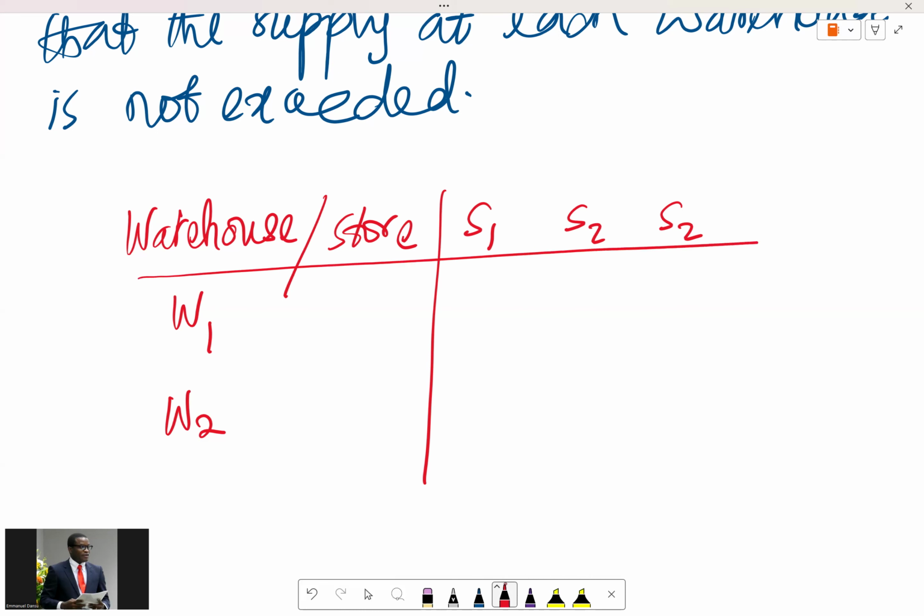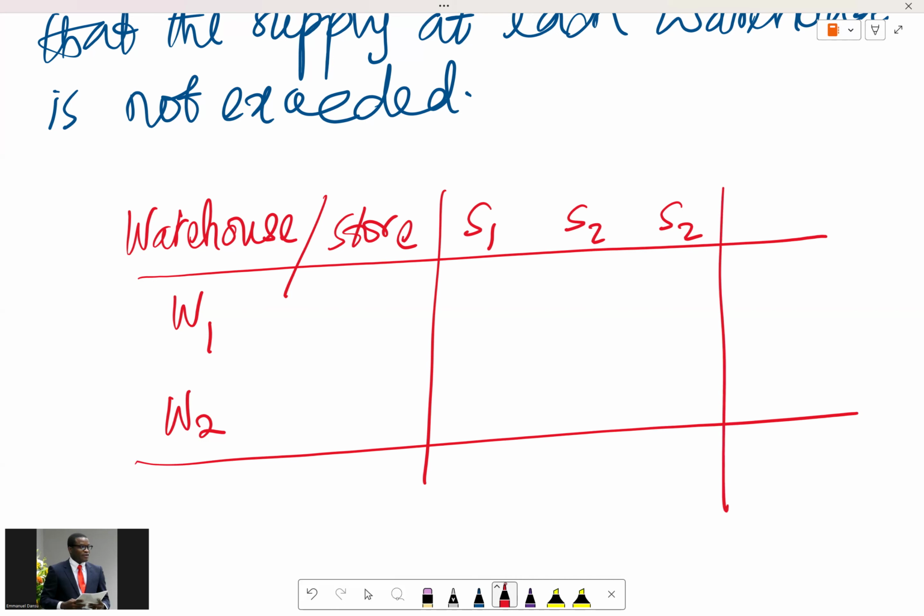And we also have the demand side of things. So the stores will demand while the warehouses will supply. So this is the supply side of things now.